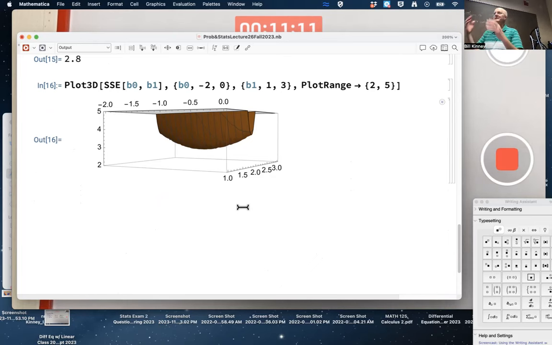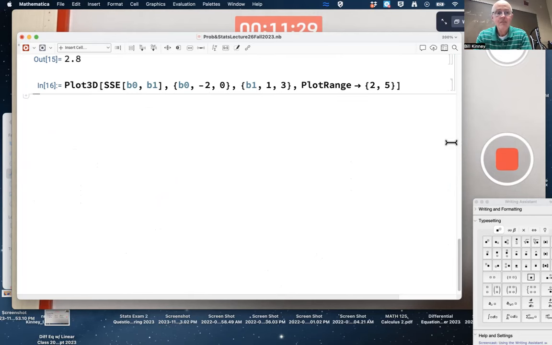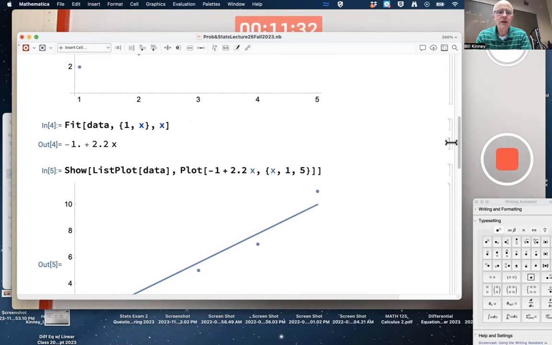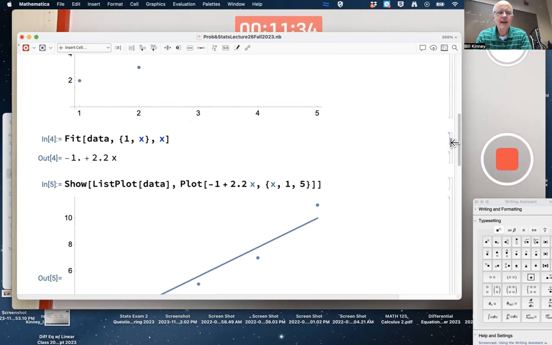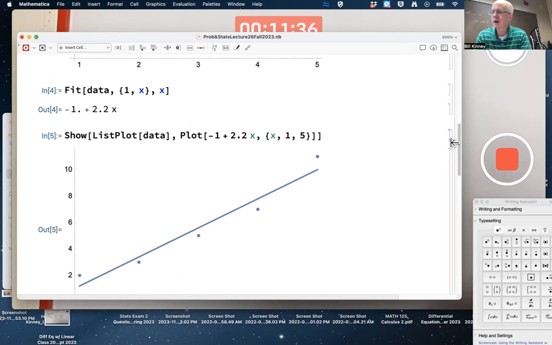If you wanted to rigorously verify that it's a minimum, there's a second derivative test in this multivariable case that involves computing a bunch of second derivatives and computing a determinant of a certain matrix. We won't go into that. It is a minimum, okay? What about if I was after, okay, I think, well, a linear fit's no good, but it does sort of look like these data points could follow a parabola more closely.